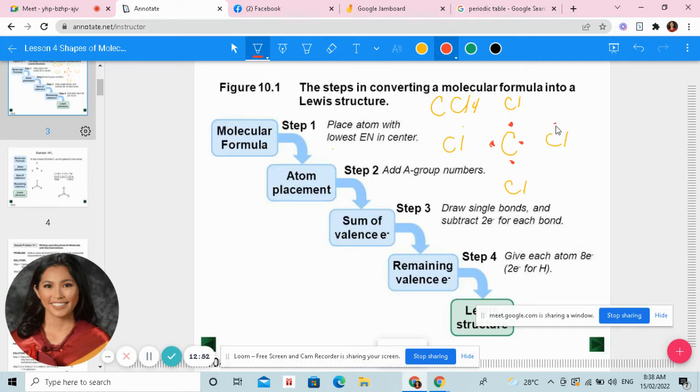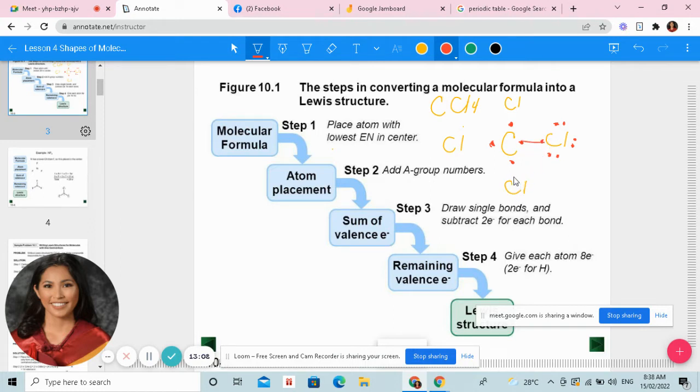Now Cl has how many valence electrons? Seven. Okay, we have seven. So this will be shared, and this will be shared, forming one bond.